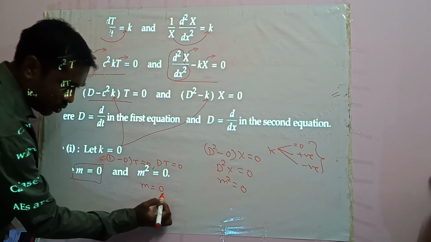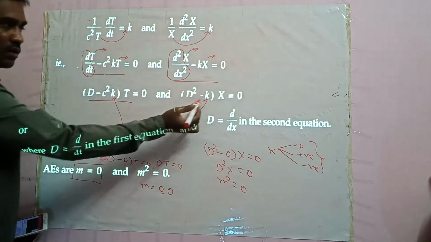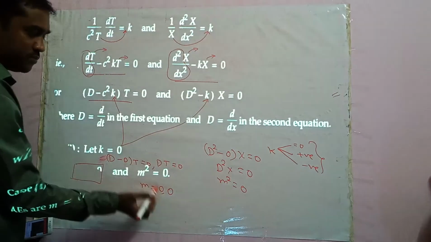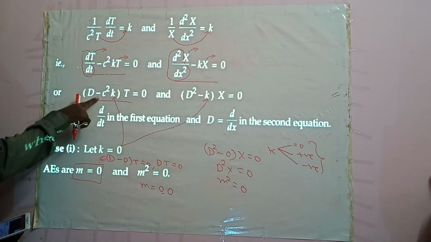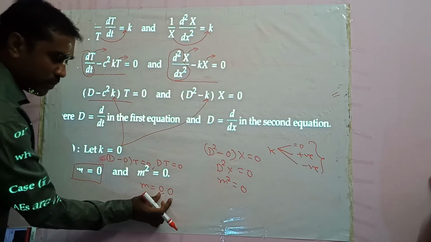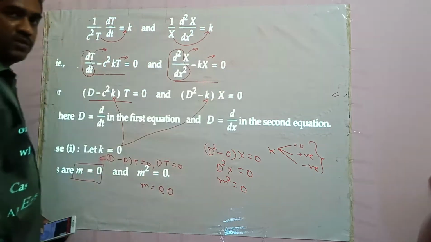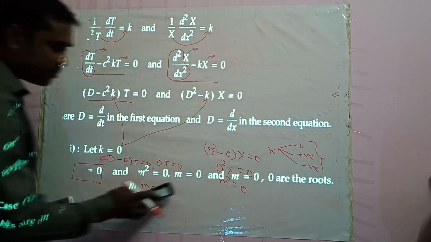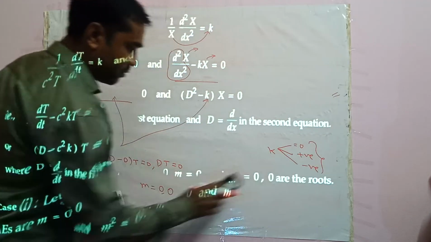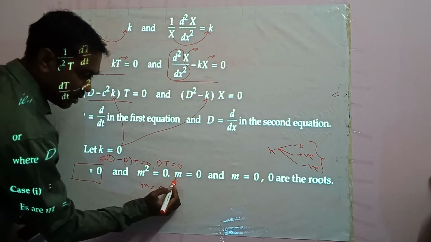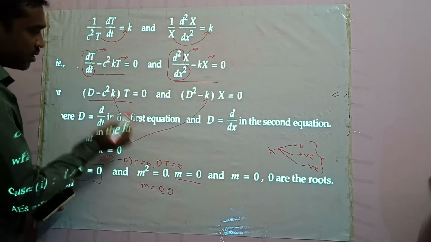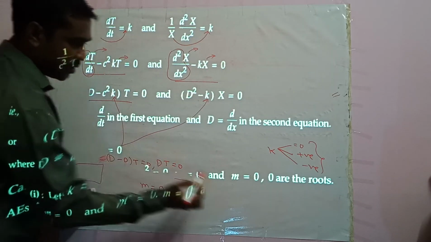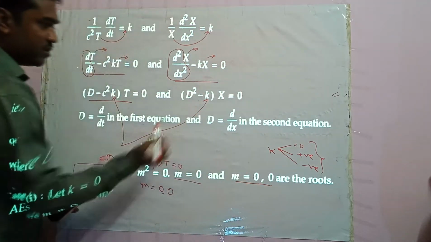Only one root for this differential equation, and two repeated roots for this differential equation. Now based on this, we are going to write the CF. Therefore the roots are these, this root for this differential equation, and these roots for this differential equation.